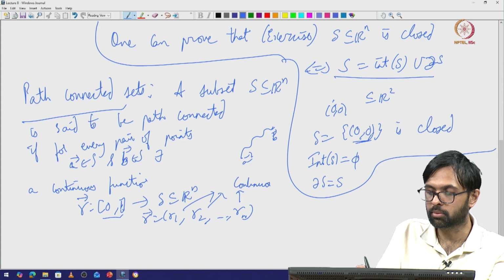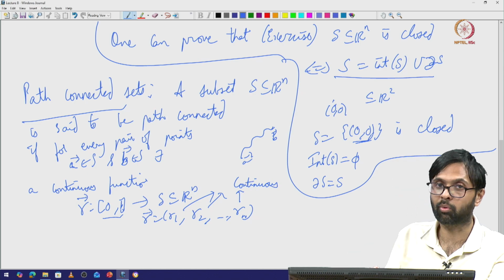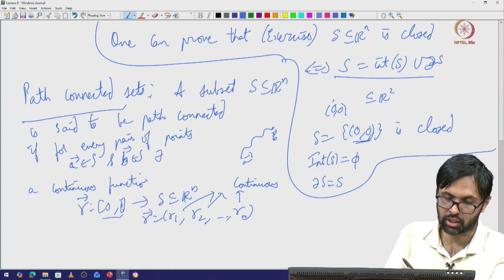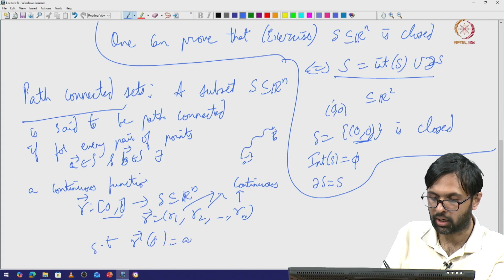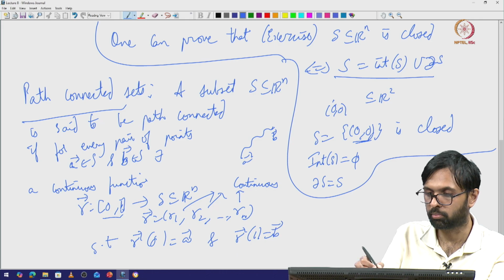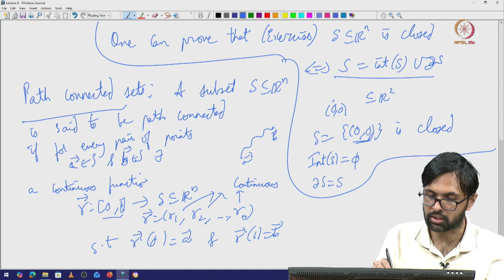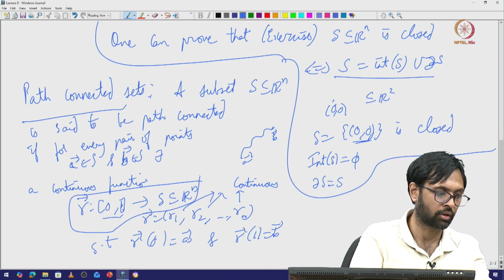We know what it means to be continuous in one variable. We have not defined what it means to be continuous in more than one variable, right? So if I have a continuous function such that gamma of 0 is A and gamma of 1 is B, that's exactly what a path joining two points is, right? Simply a continuous function, and this entire path must lie within S. So the image of the path must be within S, right?